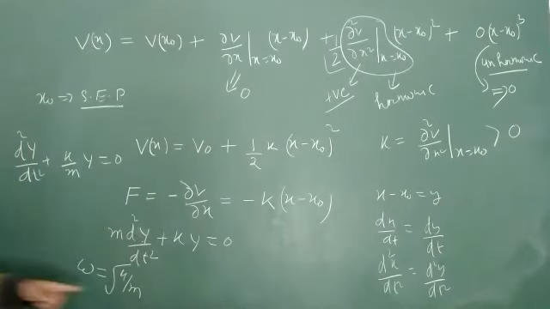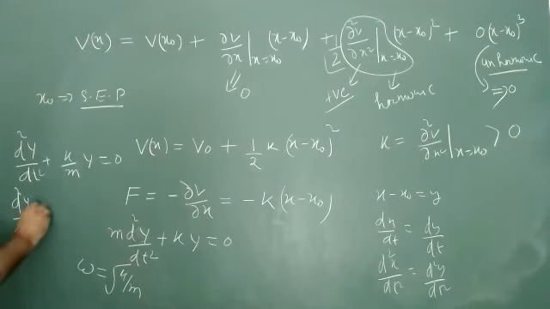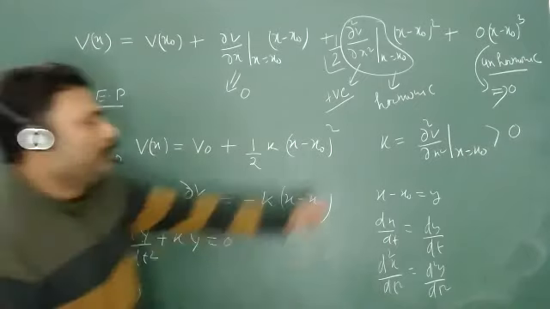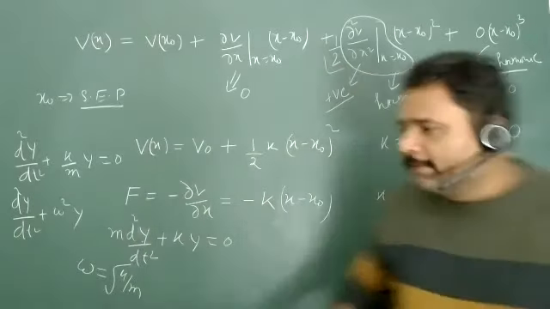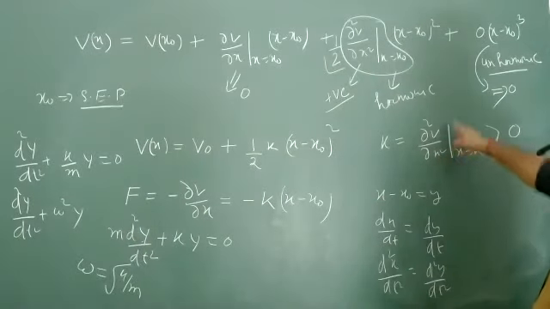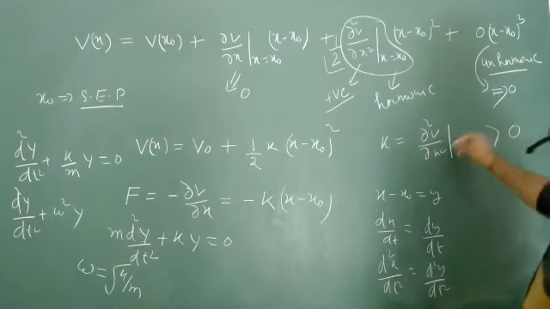Exactly. So omega is root under k upon m. The equation is d square y upon dt square plus omega square y equal to 0, and you have omega as root under k upon m. And what is your k? This k is nothing but del square V upon del x square at x equal to x naught.